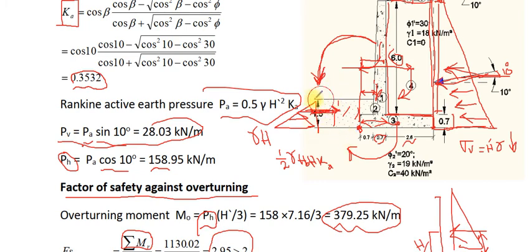But since here the surface is horizontal, K active will be equal to 1 minus sine phi over 1 plus sine phi.